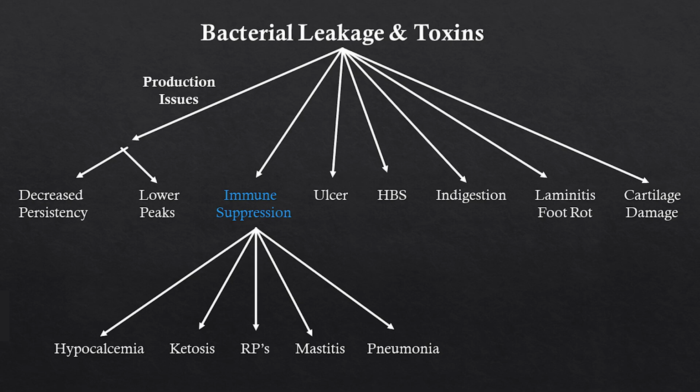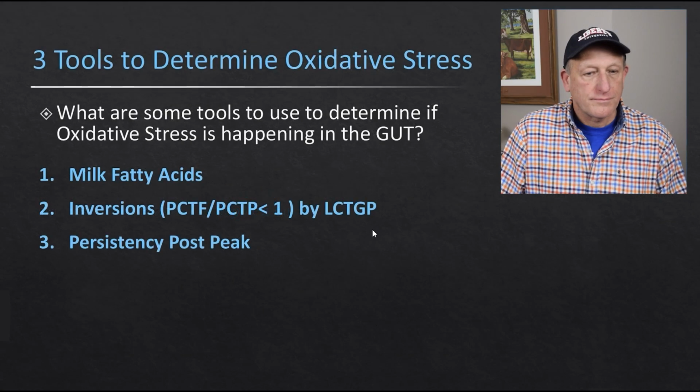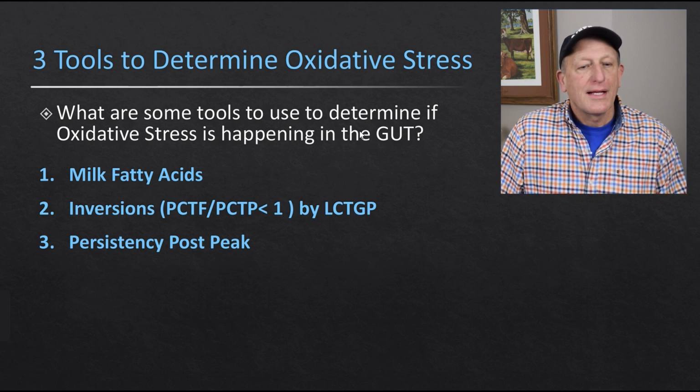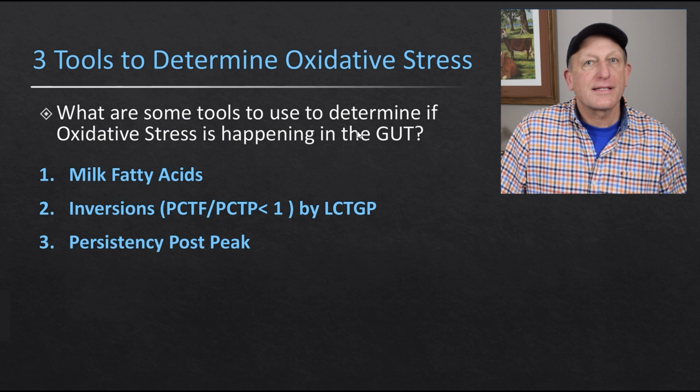As far as diseases, we see epidermal ulcers and HBS, mid-lactation indigestions, and the big one is immune suppression that occurs because of leaky gut, causing pneumonia, mastitis, RPs, ketosis, and hypocalcemia.